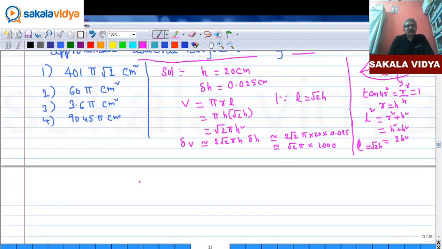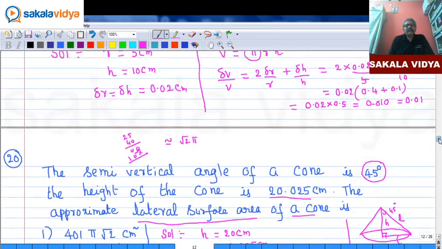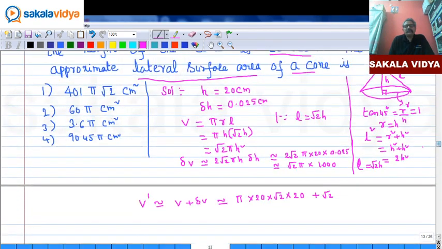So say here V dash is equal to V plus delta V. Approximately equal to V means pi RL, pi into R value is equal to 20, L value is root 2 into H, root 2 into 20, plus root 2 pi, because you see delta V is equal to root 2 pi.